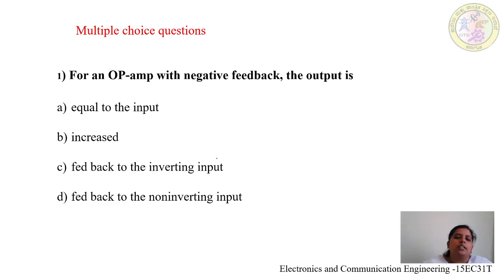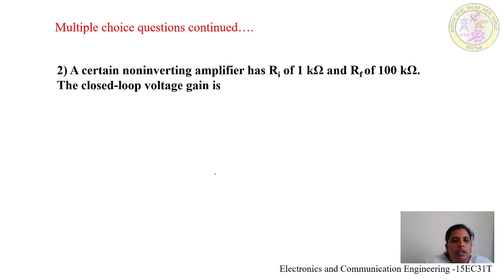So the answer is fed back to the inverting input. Means negative feedback we will give to the inverting input. So part of the output is fed back to the inverting input.